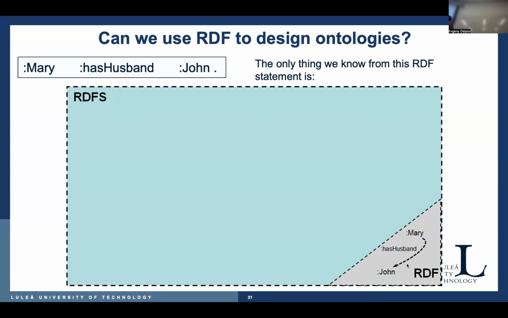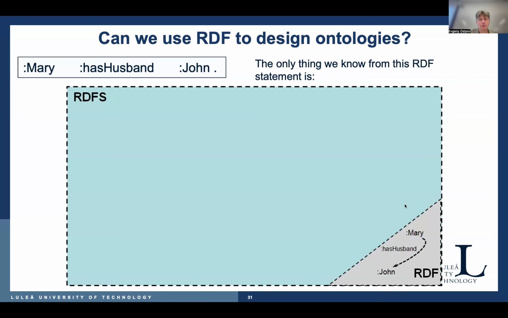If you just read this statement, Mary has husband John. We can also say that having a husband makes these two people spouses in English, right? So you can nest the hierarchy quite a long way, and that is what I mean by ontology. RDF in itself is very limited. It's just a way to write simple statements.